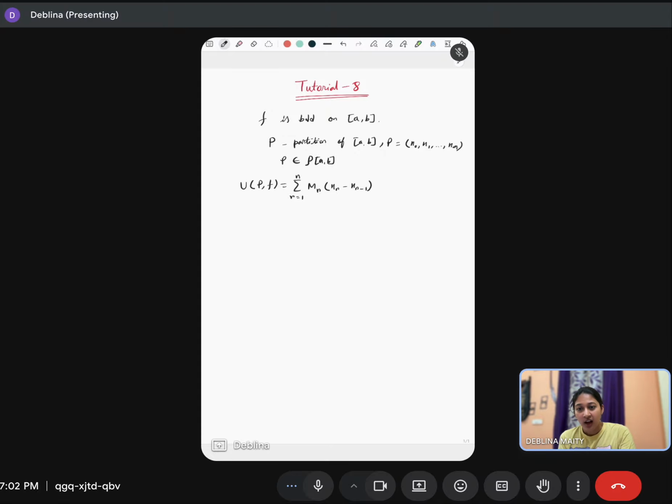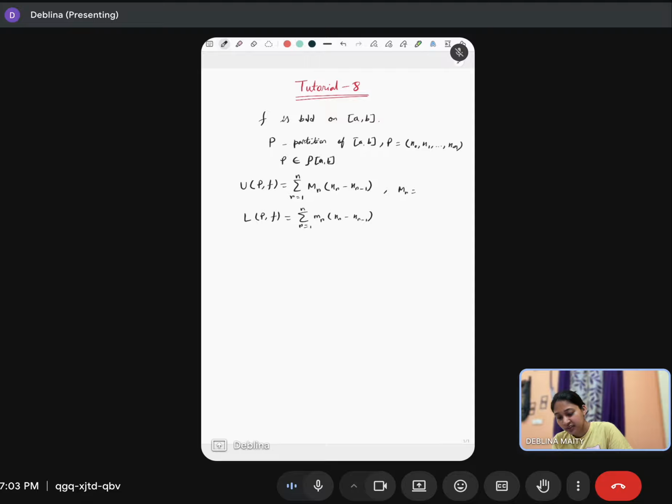This is the upper Darboux sum of f with respect to P. L(P, f) was the sum of small m_r times (x_r minus x_(r-1)), where small m_r is the infimum of f in the sub-interval [x_(r-1), x_r].